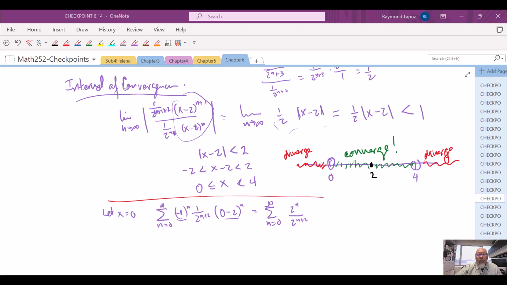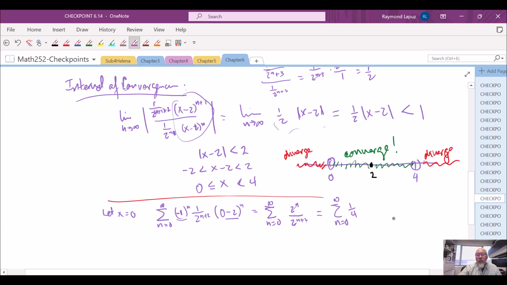And I believe this will just be equal to, the 2 to the n's can go away, and just the sum of 1/4. Now, this looks like it's going to diverge, because you're just going to add 1/4 plus 1/4 plus 1/4, and it'll be 1/4 times infinity, so this is going to diverge.